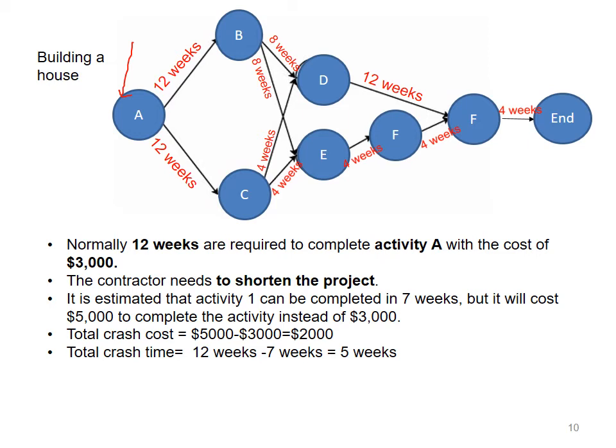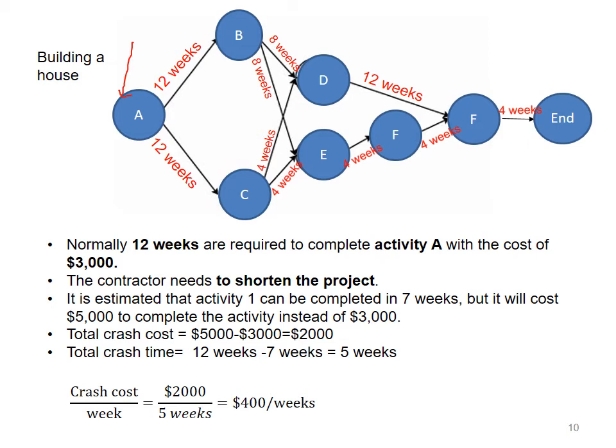Okay, so from this information, we can calculate that the total crash cost is 5,000 minus 3,000, which is 2,000, and the total crash time would be 12 weeks minus 7 weeks, which is 5 weeks. Okay, next, you can calculate the crash cost per week, which is the total crash cost over total crash time, 2,000 over 5 weeks equal to 400 per week.